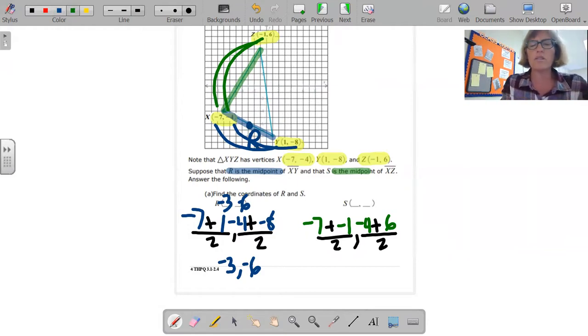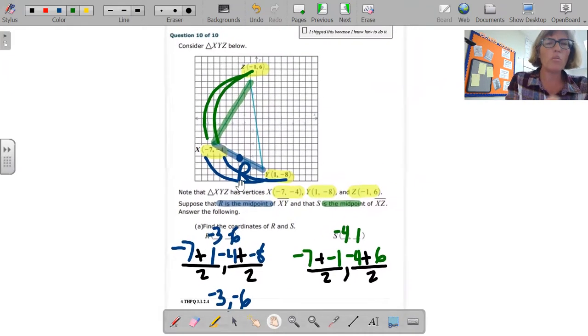And then S, that's -4 divided by 2. That's, -8 divided by 2 is -4. That's 2 over 2, that's 1. And so my S has to sit at (-4, +1). (-4, +1) is our S. Now we're going to take these midpoints.